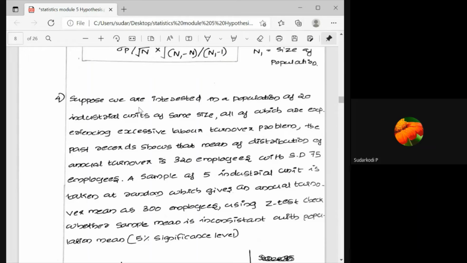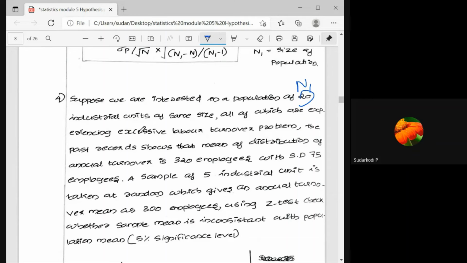Suppose we are interested in a population of 20 industrial units of same size. So 20 represents your N1, which was not there in your previous three sums. That means you have to apply the second formula.